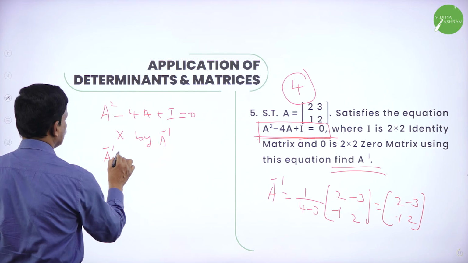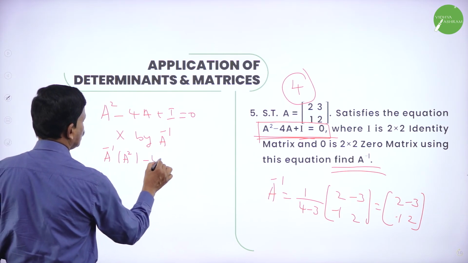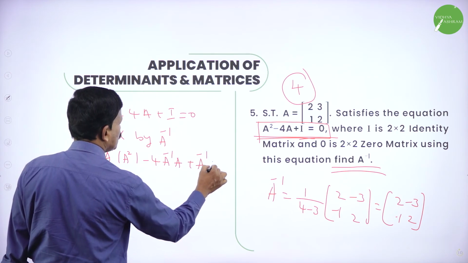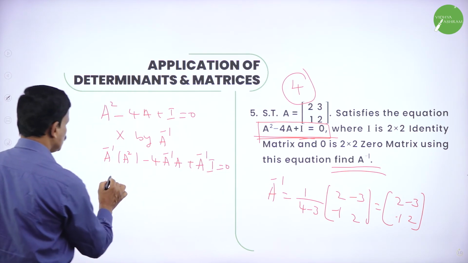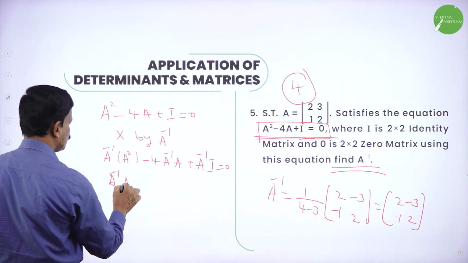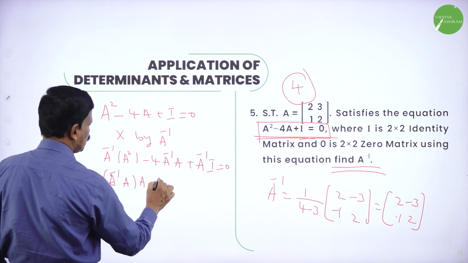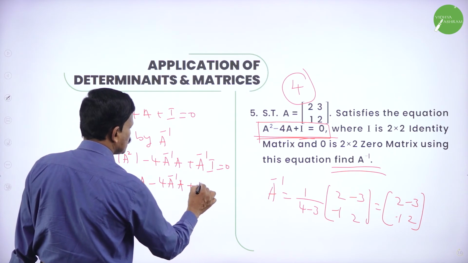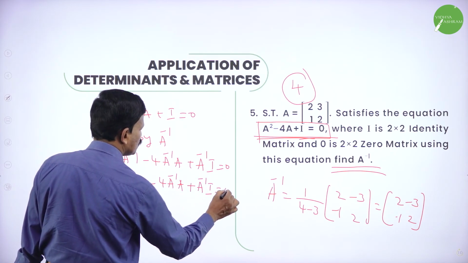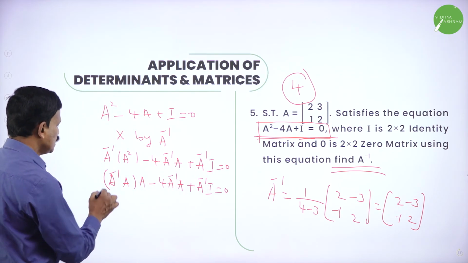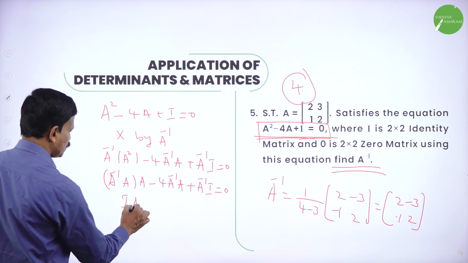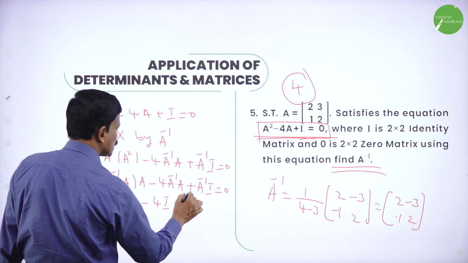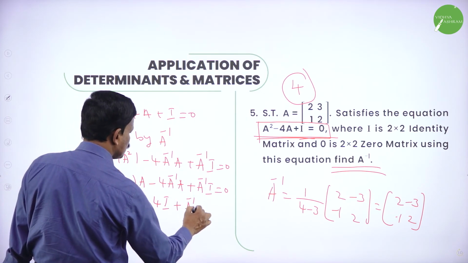A inverse into A square minus 4 A inverse into A plus A inverse into I is equal to 0. So you know the formula: A inverse into A is I. A inverse into A square is A, 4 A inverse into A is 4I, and A inverse into I is A inverse.